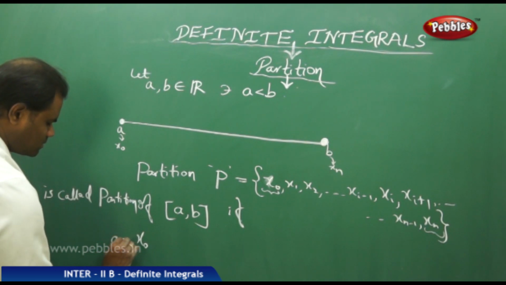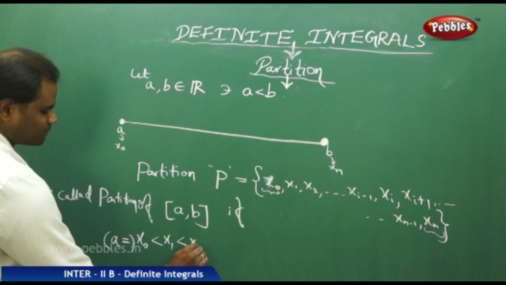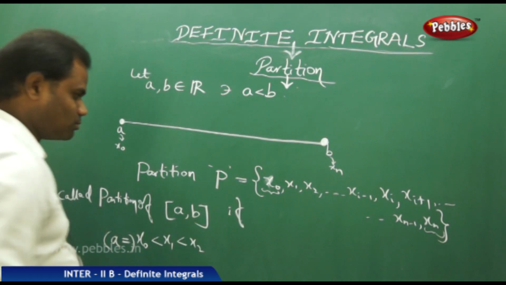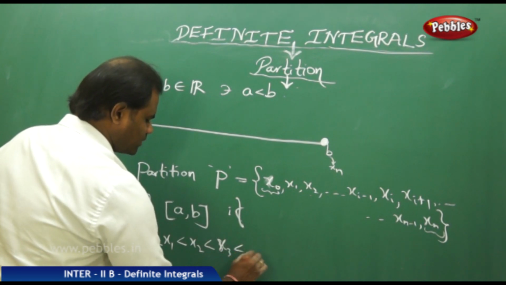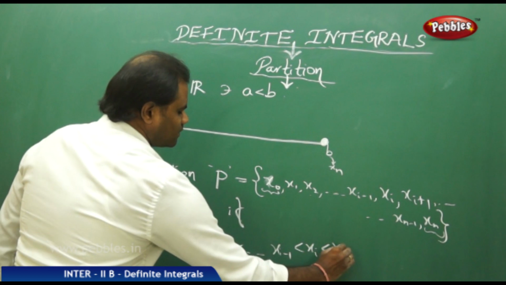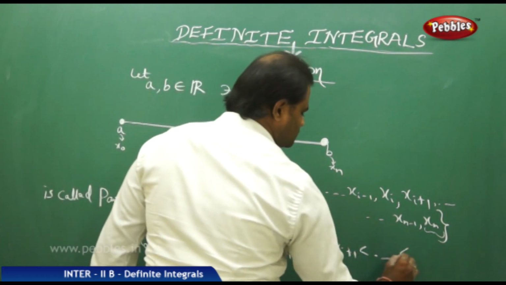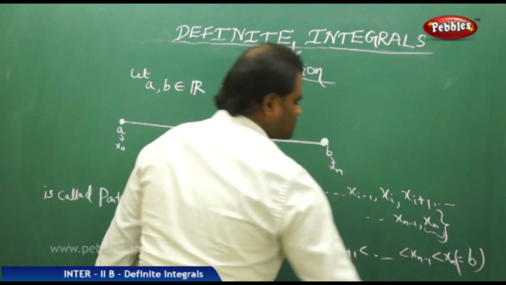a equals x naught is less than x1 is less than x2 is less than x3 ... xi minus 1, xi, xi plus 1 ... equals b.